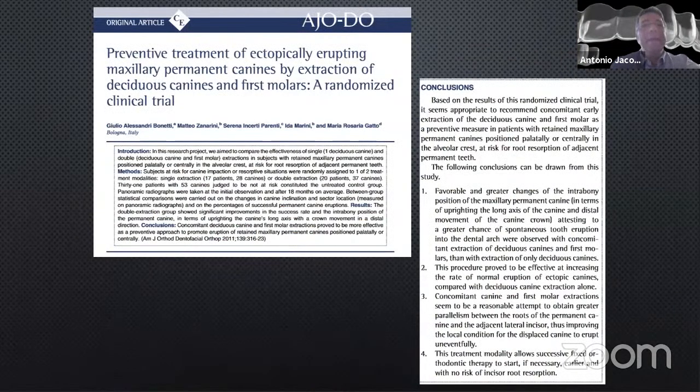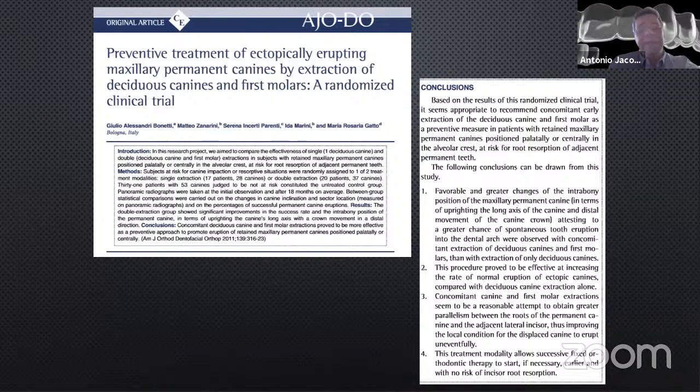Okay, so this is a nice article that a group from Italy wrote about the preventive treatment of ectopically erupting maxillary permanent canines by extraction of the deciduous canines and first molars at the same time.